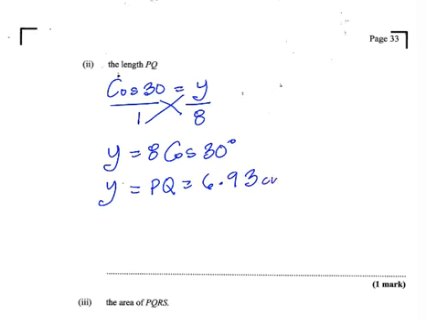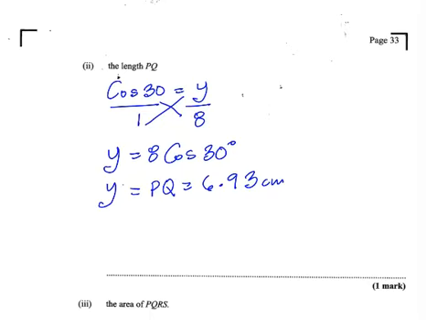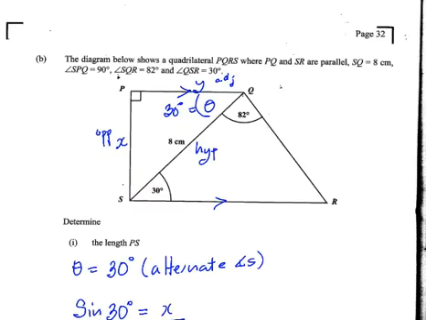6.93 centimeters. All right, and then lastly, we're asked to determine the area of the entire shape, the area of the quadrilateral. This quadrilateral is actually a trapezium because it has two parallel sides.